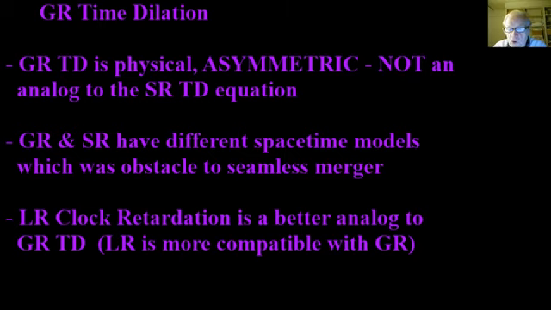Further, I think that Lorentz relativity's model of space and time is more compatible with the general relativity model, except to the degree when people start adding the special relativistic aspects to the core general relativity model from the gravitational field equations.